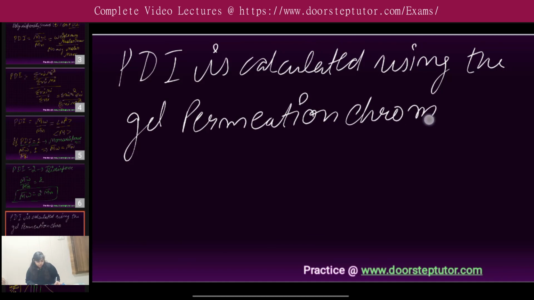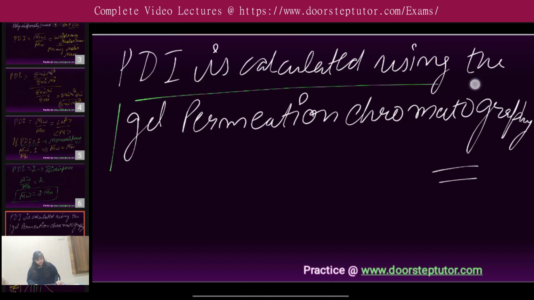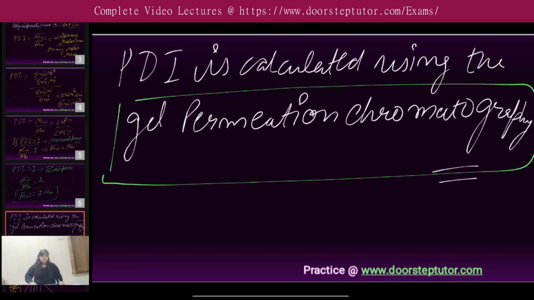So we need to just remember the name of this technique, gel permeation chromatography, which is used to find the values of the polydispersity index. That will tell us the relationship between the number average molar mass and the weight average molar mass.